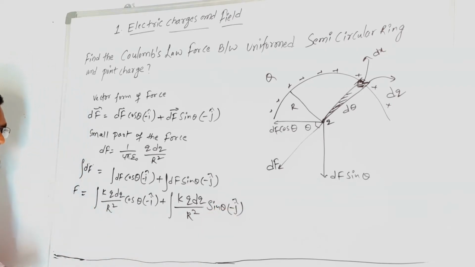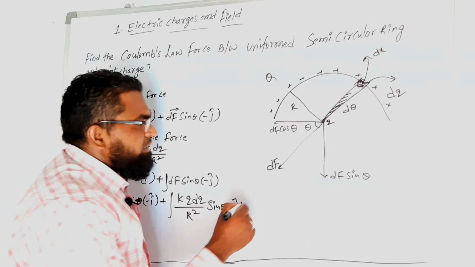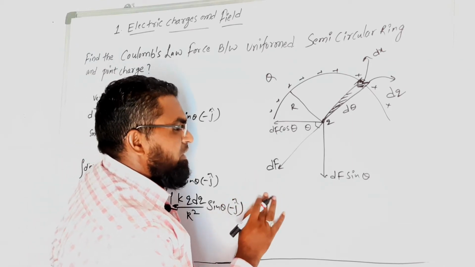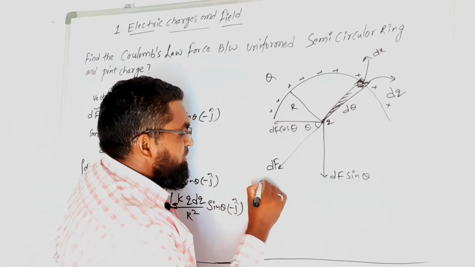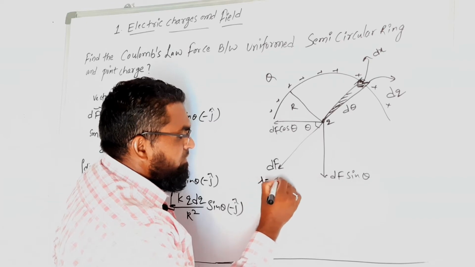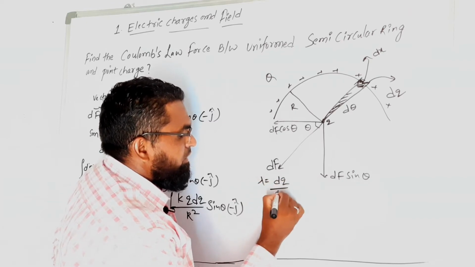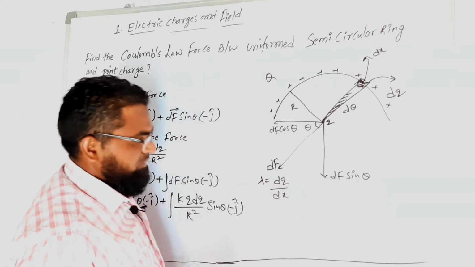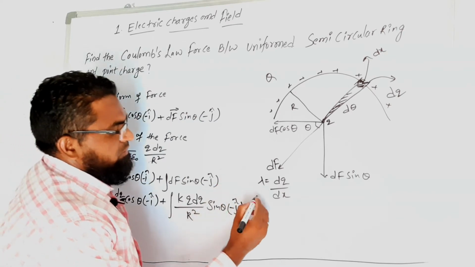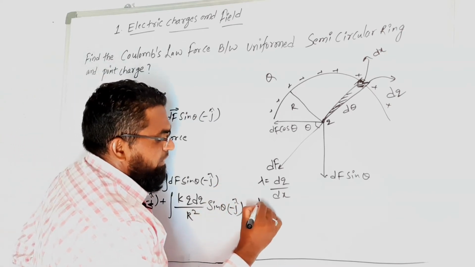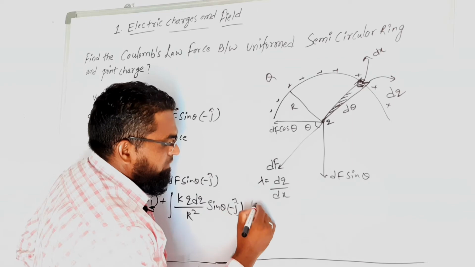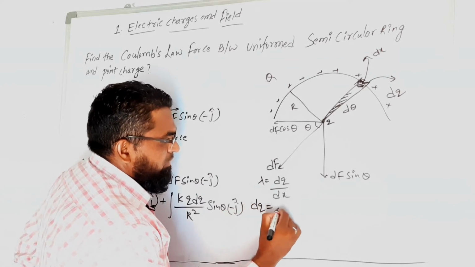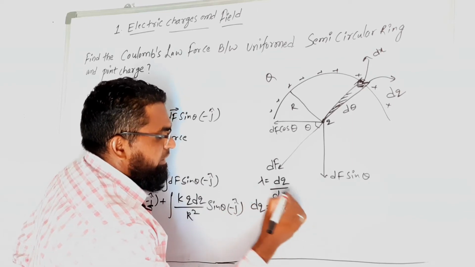Now we have to take the linear charge density relation: lambda equals dq by dx, isn't it? Yes. So dq equals lambda into dx.